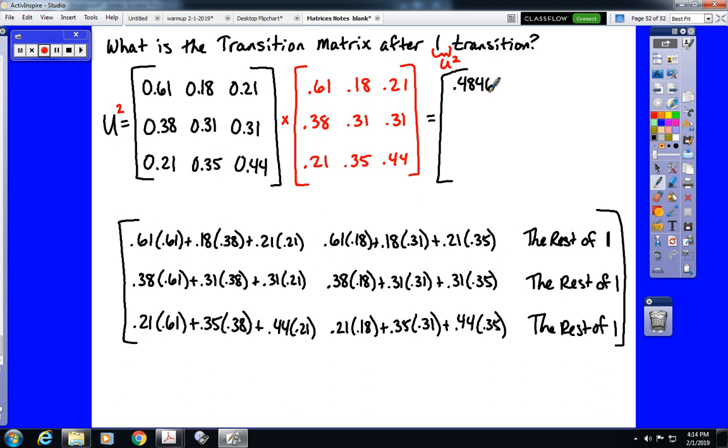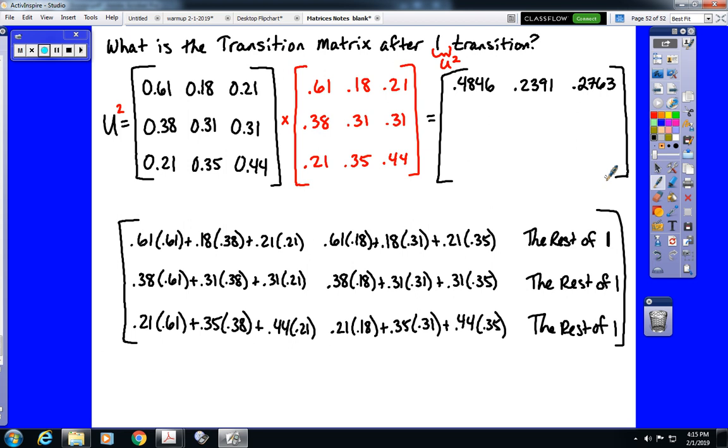Then 0.61 times 0.18 plus 0.18 times 0.31 plus 0.21 times 0.35 is 0.2391. Then subtracting both of those decimals from 1 tells us that the third entry has to be 0.2763 so that it will add up to 1.